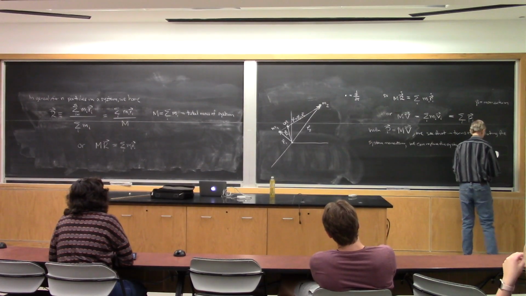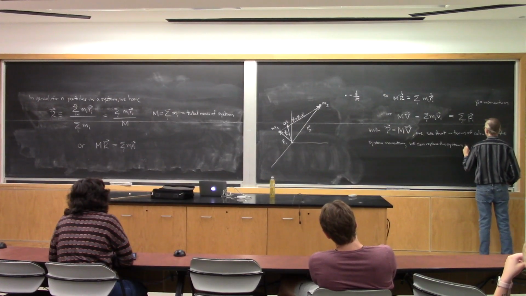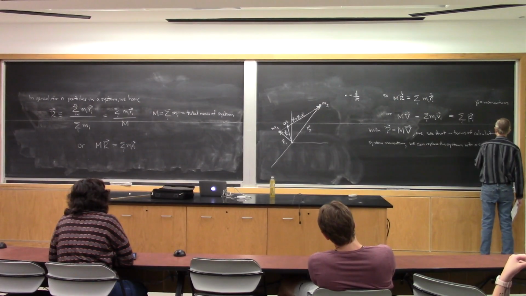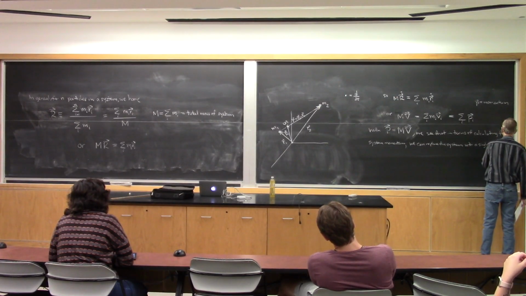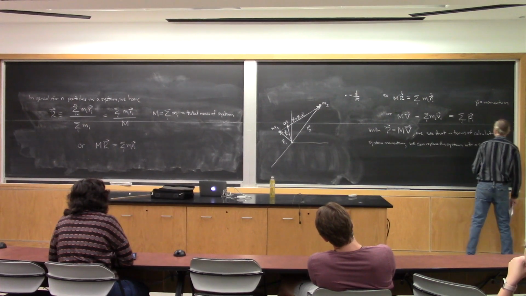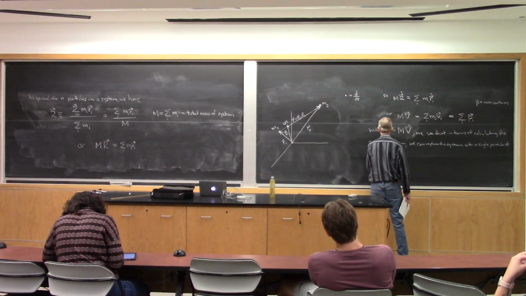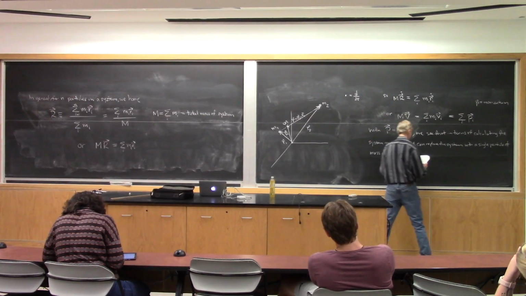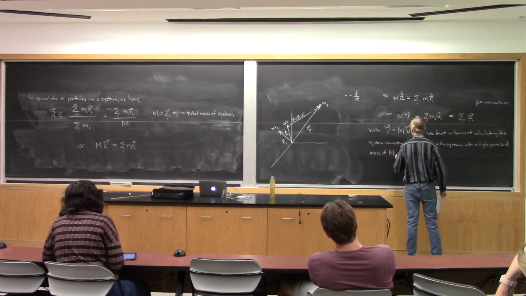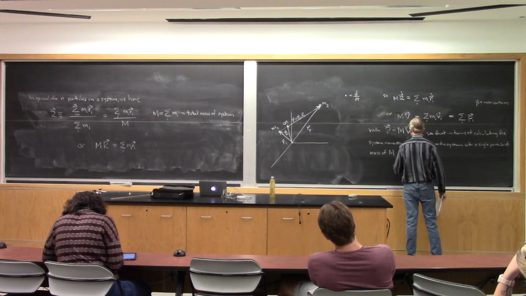We can replace the system with a single particle of mass capital M, the total mass of the system, add up all the masses, moving with the velocity of the center of mass.